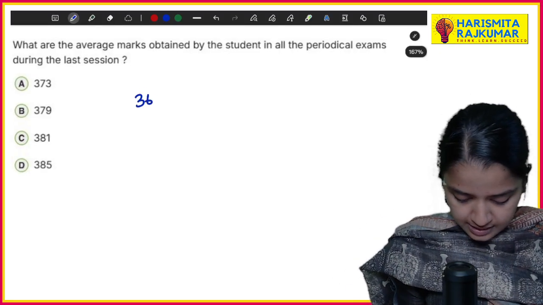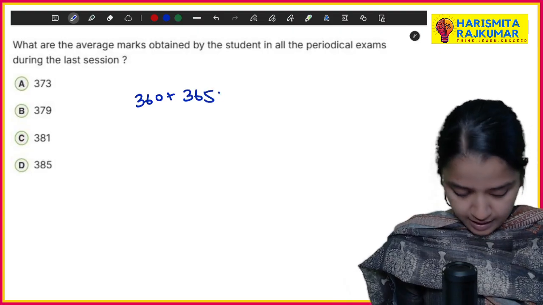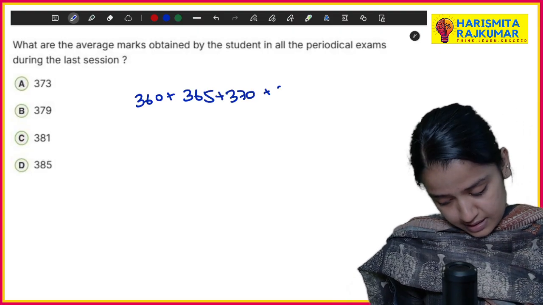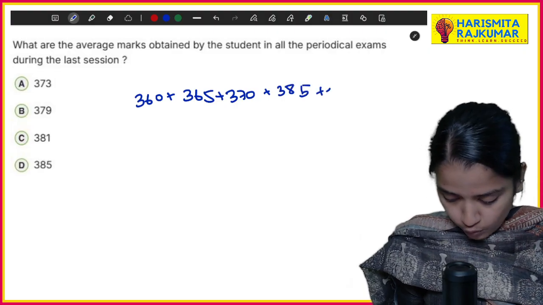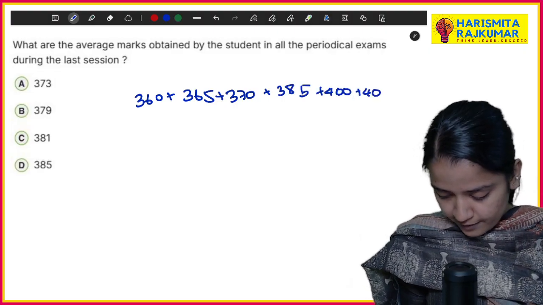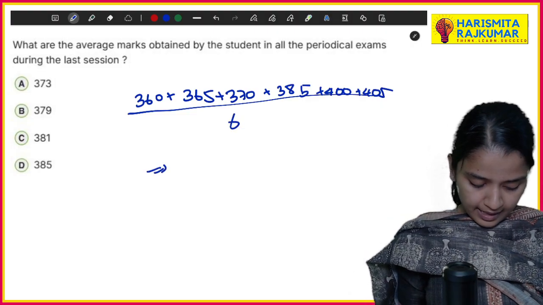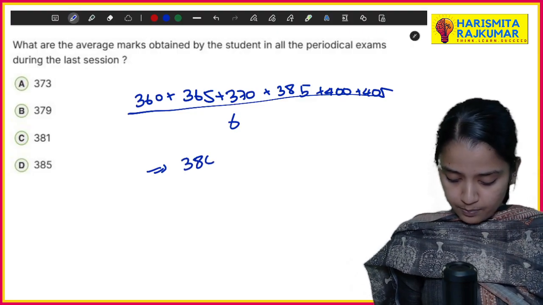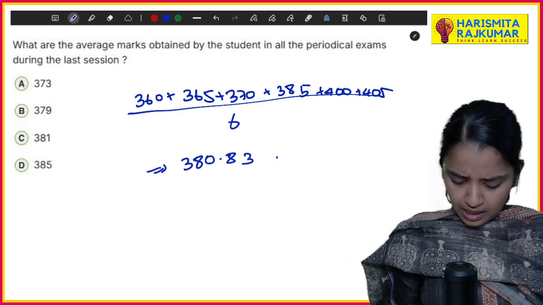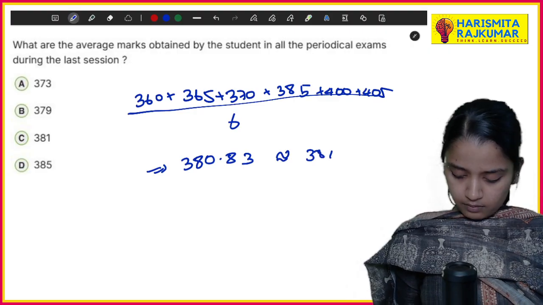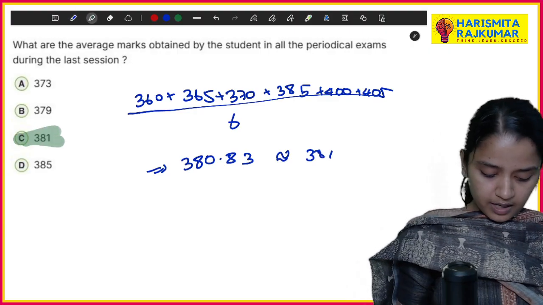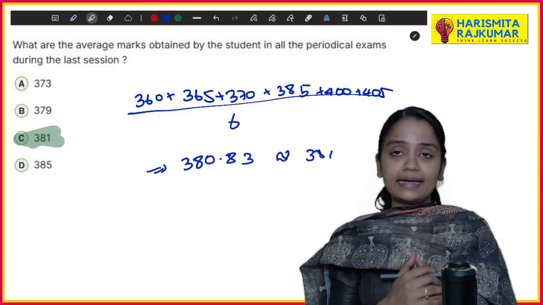So it is 360 plus 365 plus 370 plus 385 plus 400 plus 405 by 6, which is 380.83, approximately 381. So your approximate answer is 381.